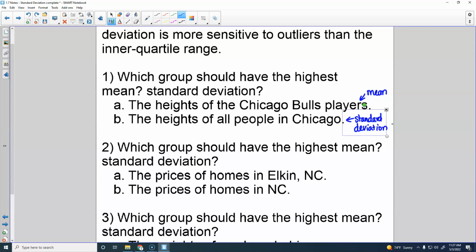So, for number 2, what do you guys think? Which group is going to have the highest mean, and which one's going to have the highest standard deviation?